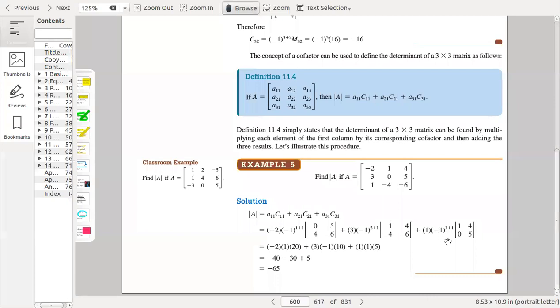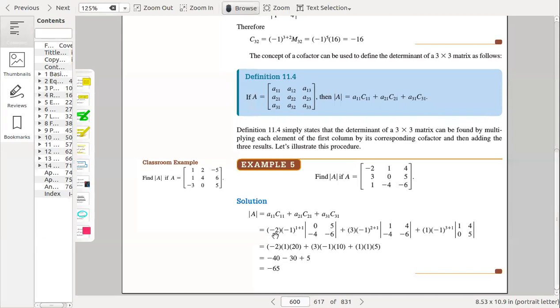So minus 1 power 3 plus 1, 1, 4, 0, 5. Okay, so the determinant of this one is 0 plus 20. So 0 plus 20 is 20.